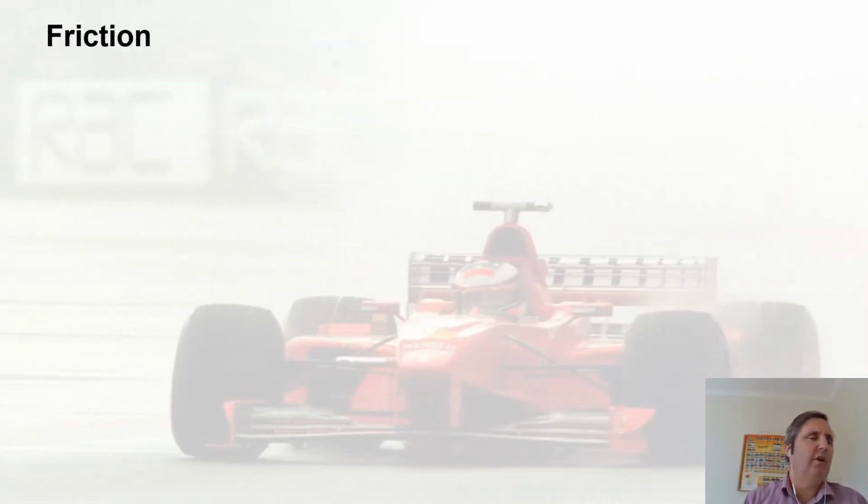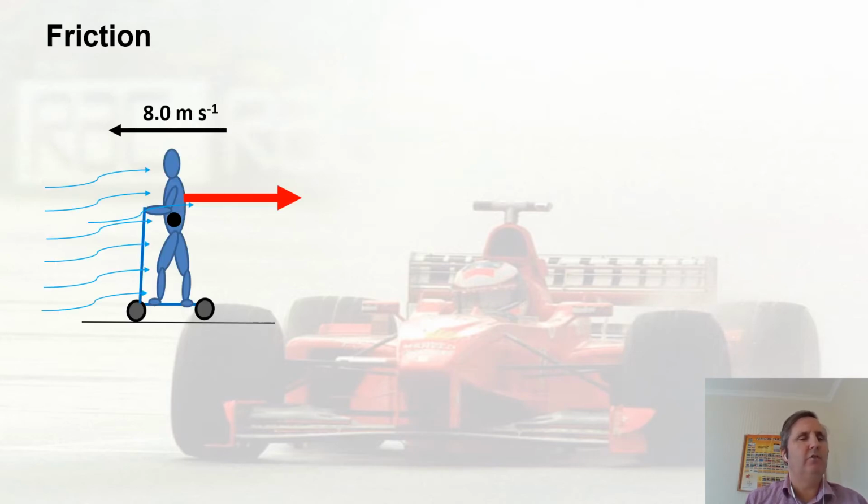The last type of force that we have is a friction force. Now, a friction force always acts opposite to the direction that an object is traveling. This scooter is traveling to the left through the air, and as it goes through the air, the person hits particles of gas in the air as they travel.